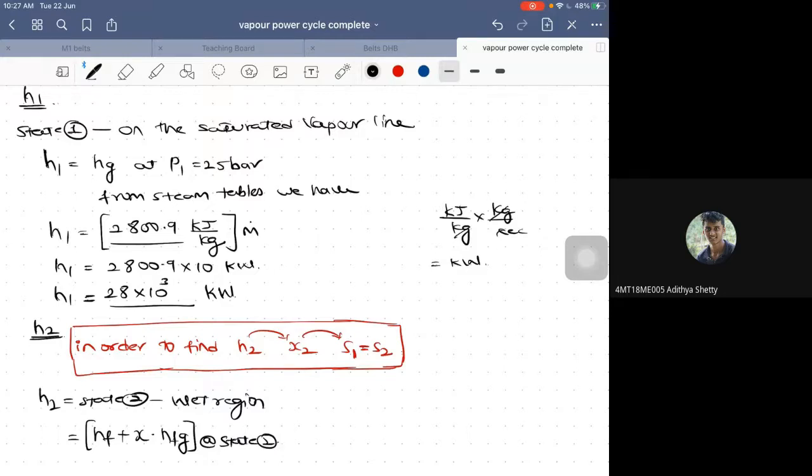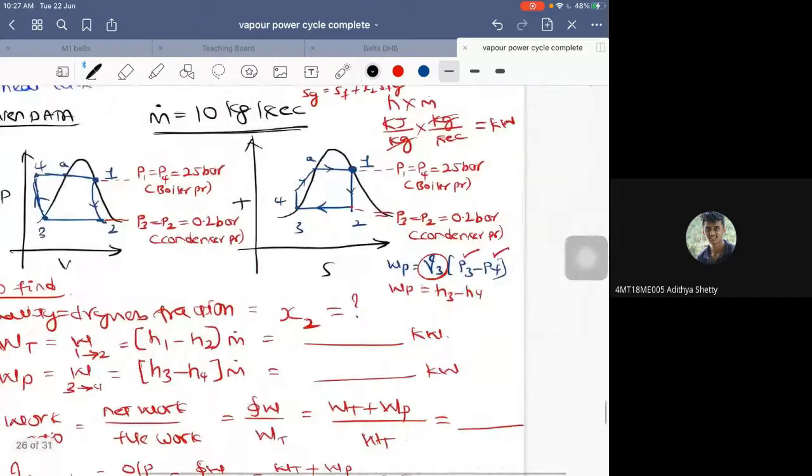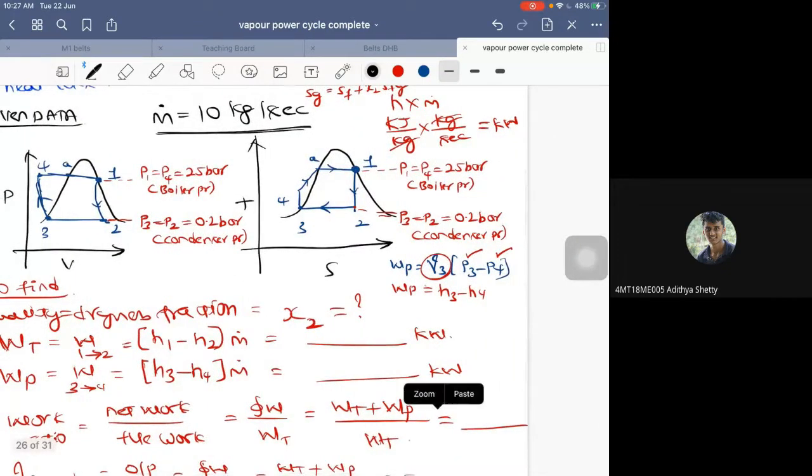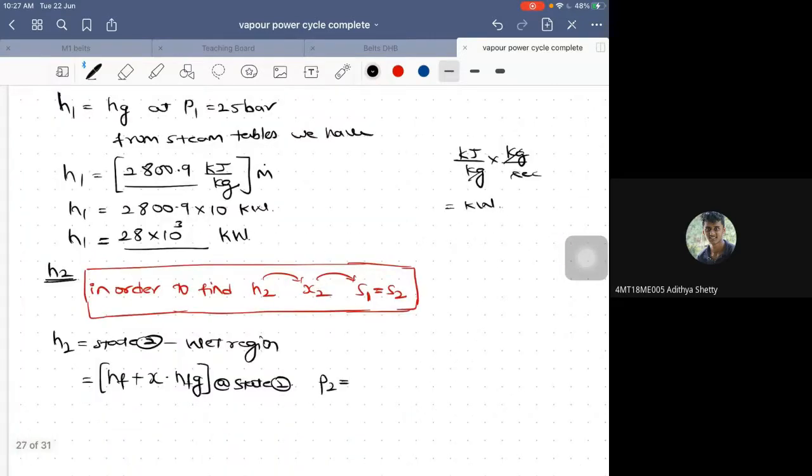Okay. What is the state 2 pressure? It is 0.2 bar. Okay.